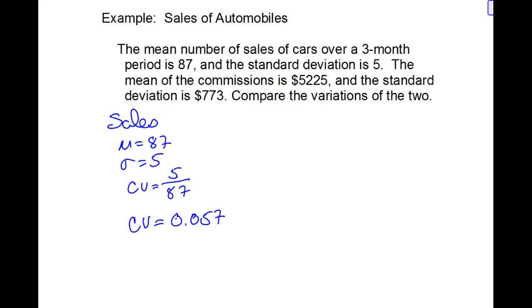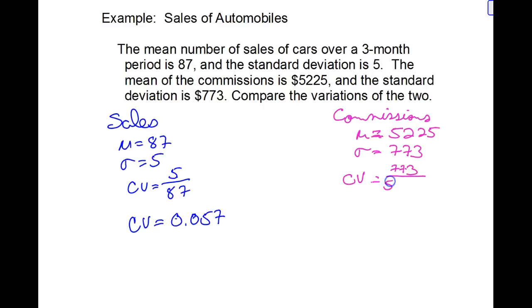I'm going to do the same thing for my commissions. The commissions have a mean of 5,225 and a standard deviation of 773. So the coefficient of variation is 773 divided by 5,225, which gives 0.148, or 148 thousandths.